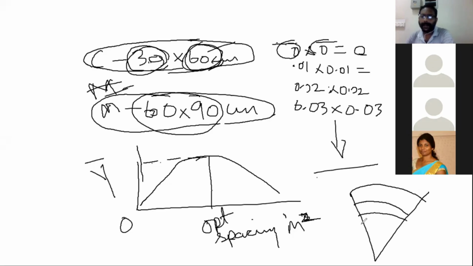We'll have to draw it very carefully. I cannot draw it very carefully here. So the distance between these arcs will increase in this direction gradually.